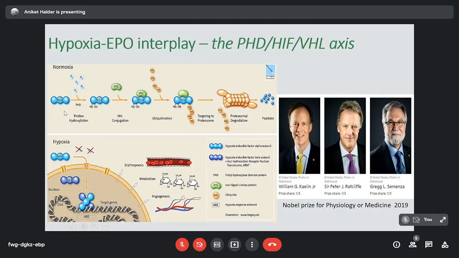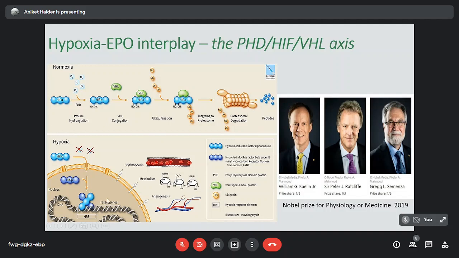The HIF alpha subunit, after translocation into the nucleus, binds to the HIF beta subunit and forms the dimer, and this dimer then acts on the hypoxia response element, which acts as the promoter region for transcription of different target genes which are involved in angiogenesis, in oxygen independent metabolism like glycolysis, and obviously in erythropoiesis.